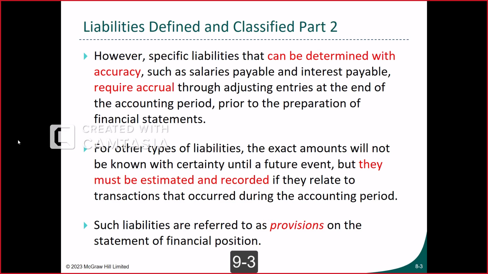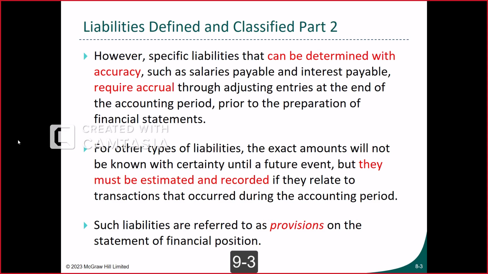Now another kind of classification. Besides the chronological classification, long-term versus short-term, we also classify liabilities into those that can be determined with accuracy. We have an invoice, an account payable. I have to pay for utilities or for gas or for a purchase.